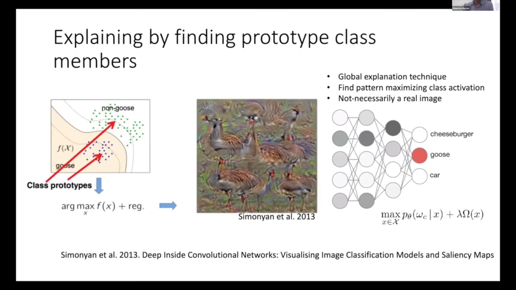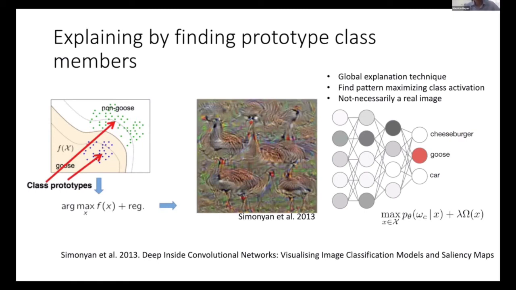What you see in the middle is a depiction of what a deep neural network understands as a goose. What you see on the left, again, is my space of training samples. These are non-goose examples, and each blue point corresponds to an image of a goose.